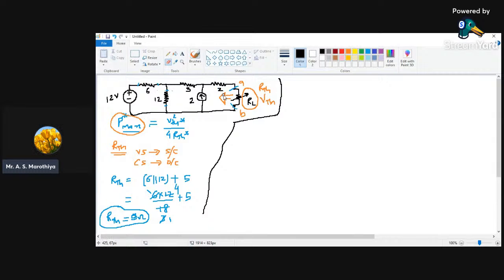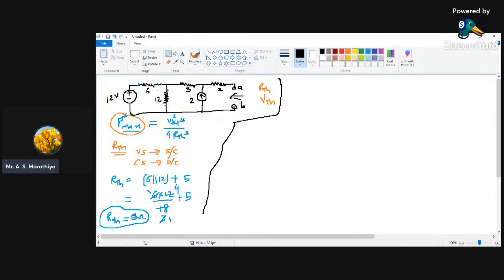Now what is VTH? VTH is simply the voltage that we are going to experience when we remove this load, which is connected between terminals A and B. Let us consider that this is A and this is B.